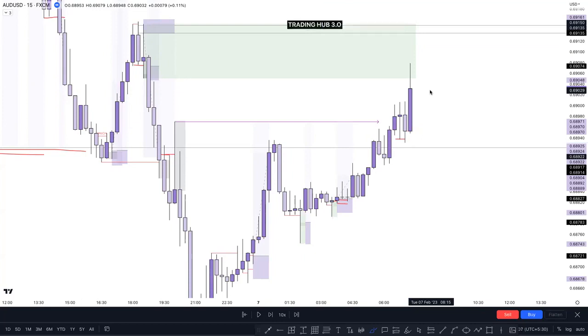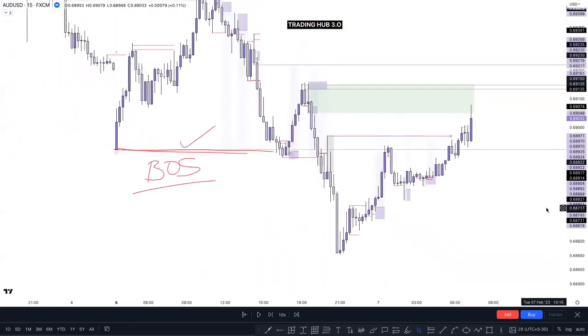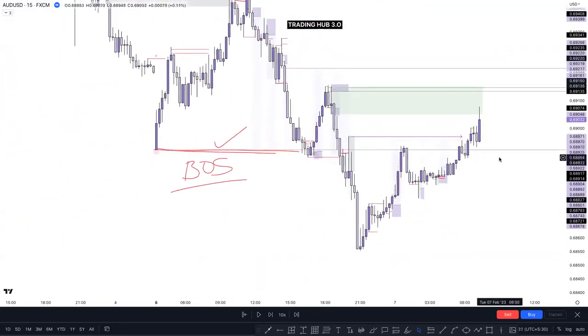And if you are willing to sell here also, like taking out this one, you can also take it. But look at this one, because in this one taken out, you can also sell here. But this sell will be better if price taps on PY, right? In that case, this becomes more valid, more high probability.